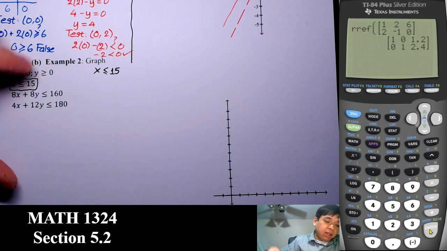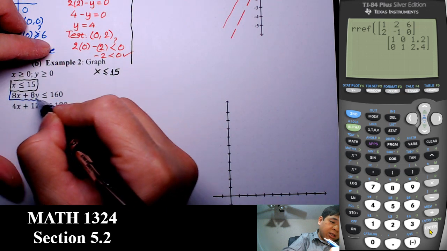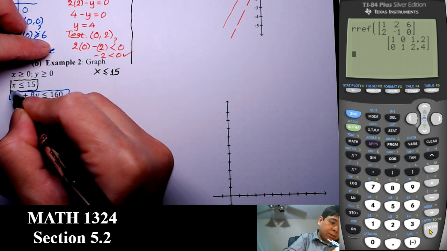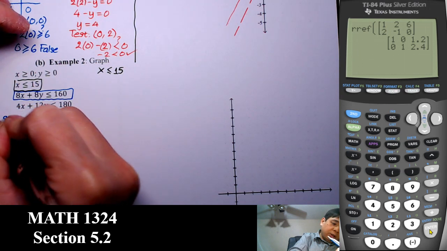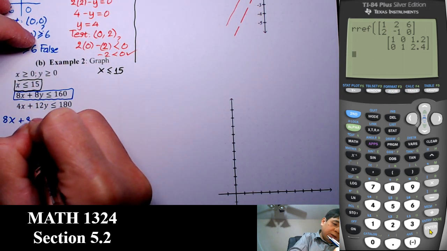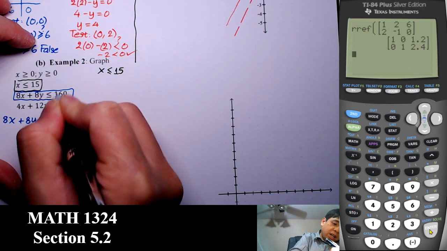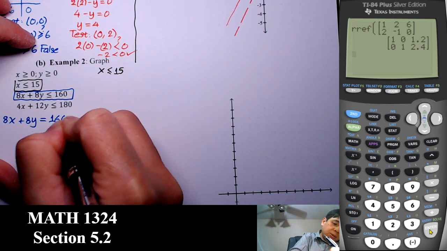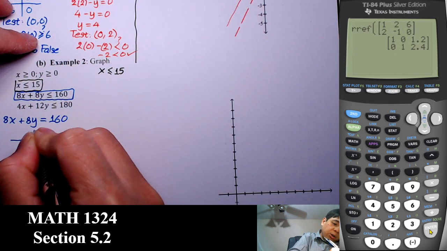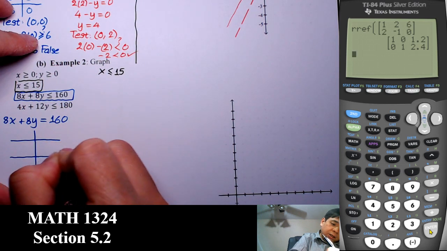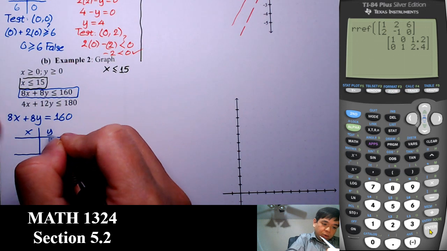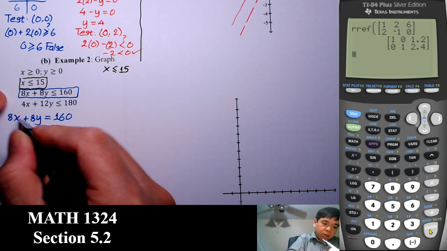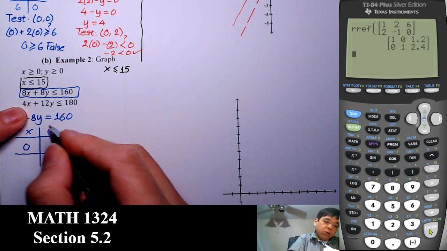Now just graph the other inequality first. Right, so first I'm going to make it equal to, and we graph the line first and then we test with the inequality. If we choose x to be 0, then we don't have x, 8y equal to 160.